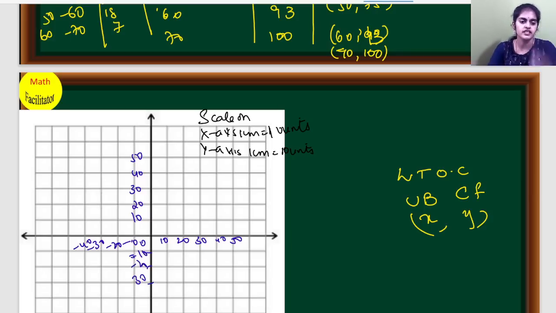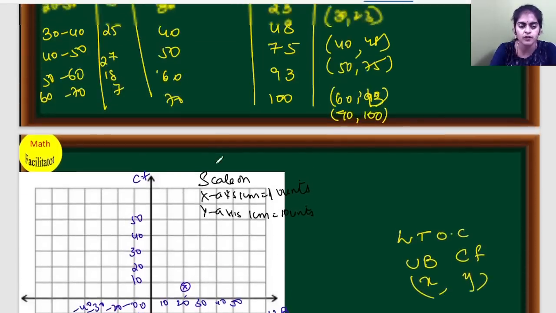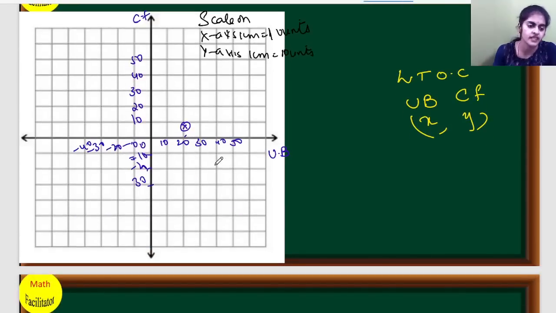Now the first point is 20, 8. You will take the upper boundary on the x-axis and the cumulative frequency on the y-axis. So 20 on the x-axis, 8 on the y-axis, somewhere here. Then you have 30, 23, somewhere here.